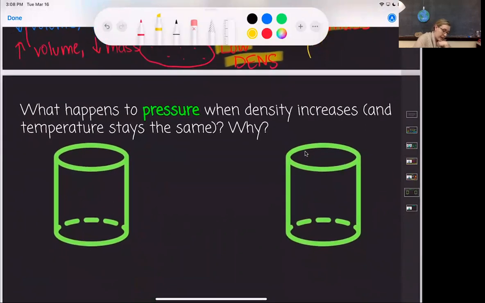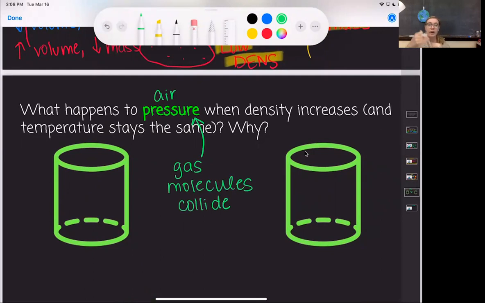So air pressure happens when gas molecules collide. When they collide, they create a force, and that force acts as the pressure. So in somewhere like the troposphere, we know that the molecules are very, very, very dense.